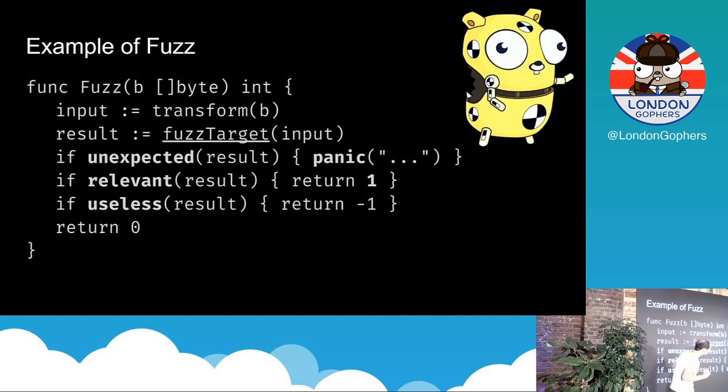Otherwise, if it is something completely useless and you want to tell go-fuzz, never give me this again, you can return -1. I never use this, and I think you shouldn't either, but if you find a good use for it, go ahead and tell me. Comments are open on this slide. Don't denial of service me, please. And then, if it's not interesting or not too uninteresting, return 0.